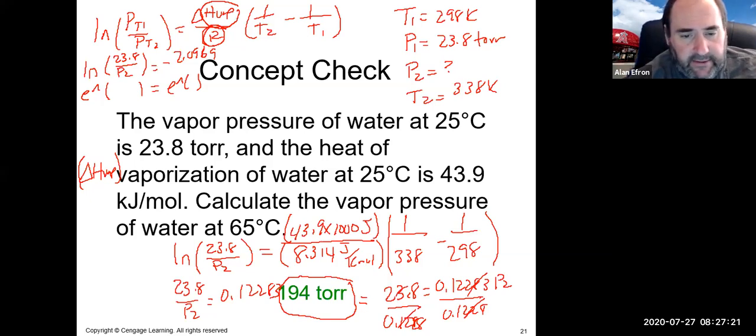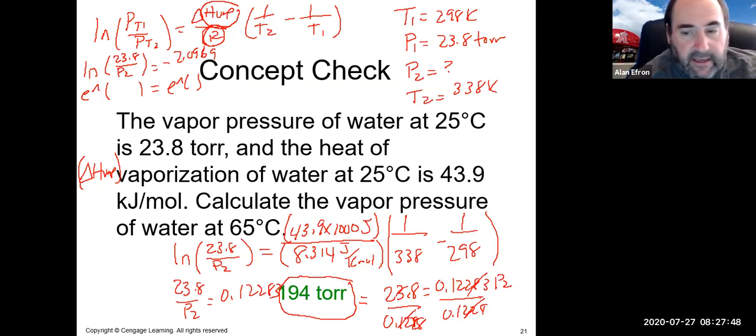And what we see here as well is that the vapor pressure definitely increased with temperature, right? At 25 degrees Celsius, the vapor pressure is 23.8, which means when we raised the temperature to 65 degrees Celsius, the vapor pressure went to 194, and it increased a lot. That's also something that we know from the gases, right?